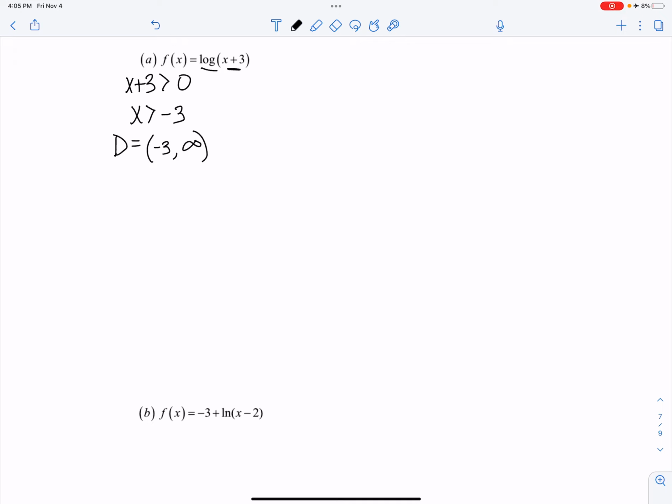So if we wanted to sketch it, we create our XY graph, and instead of having a vertical asymptote at 0, it's going to have it at -3, actually.